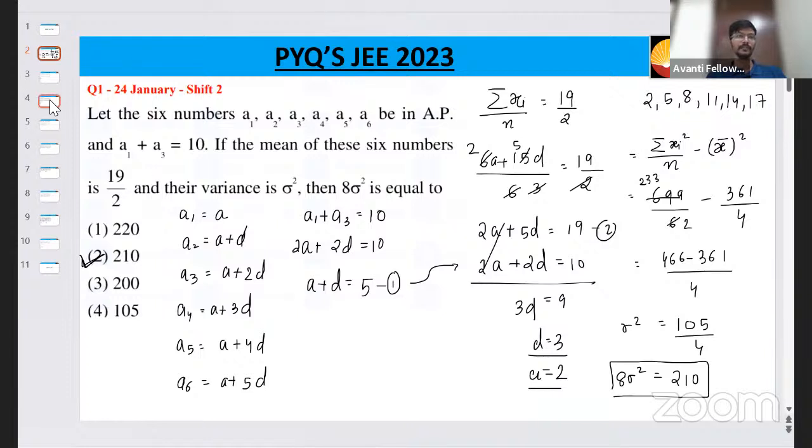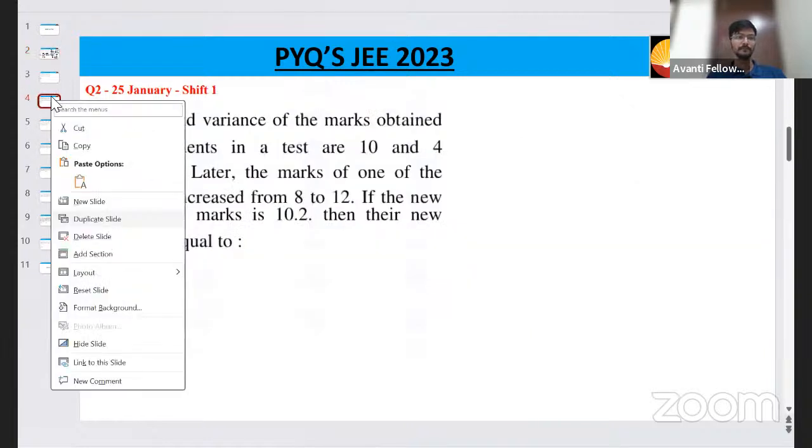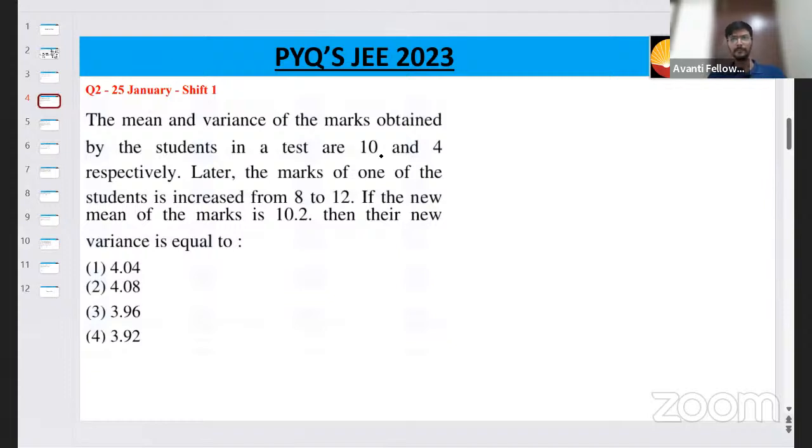Correct? Let's see the next question. Yeah, here it is. The mean and variance of the marks obtained by the students in a test are 10 and 4 respectively. Okay.